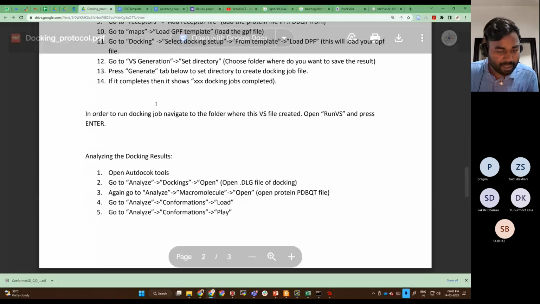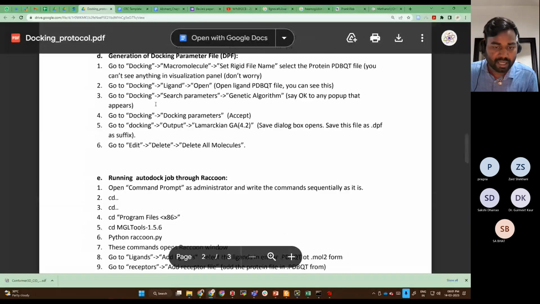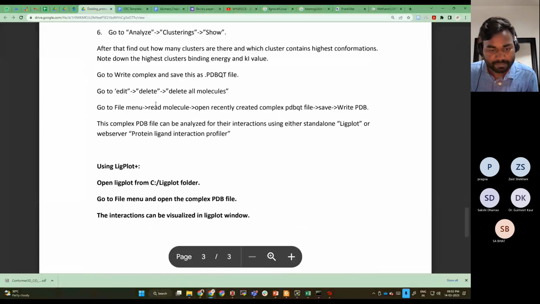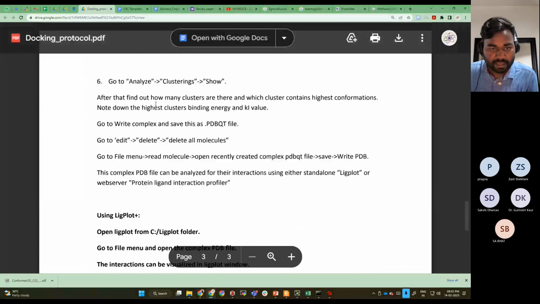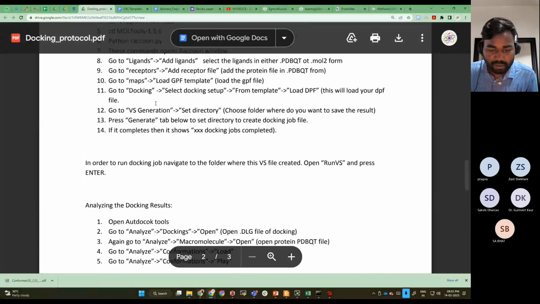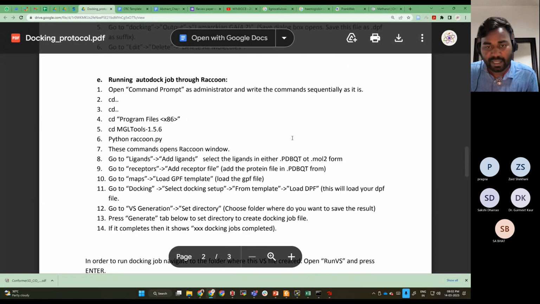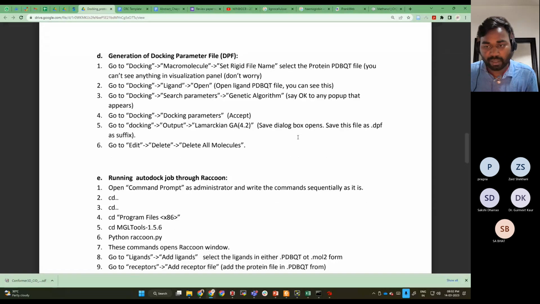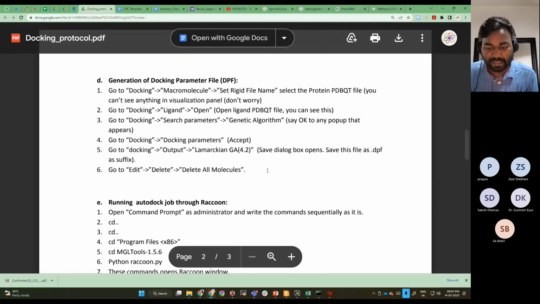And if you get any doubt in between, like how to perform all these things, then I will be able to help. This is a step-by-step protocol for running your docking simulation, and then you can understand what kind of interaction the protein is having with the ligand.